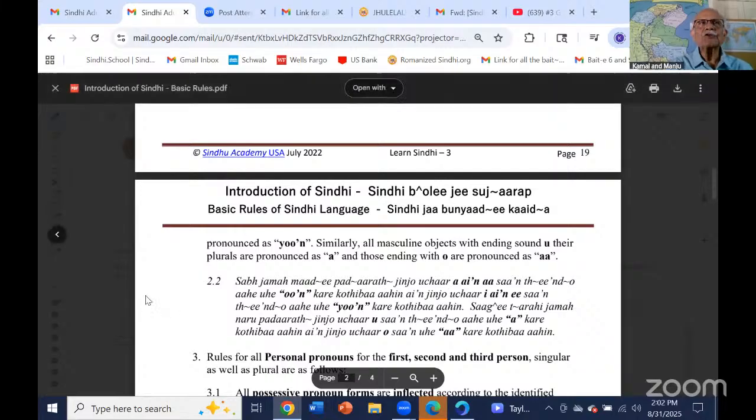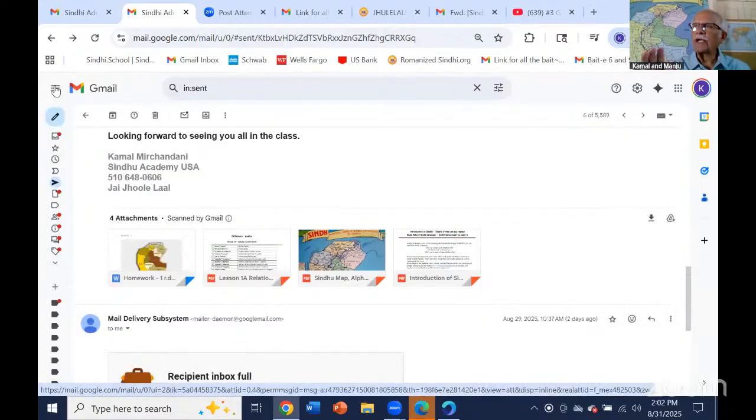Now, these two rules that you have learned today will help you in constructing the sentence correctly, knowing the gender, how the adjective will be pronounced, how the verb will be pronounced. Because inflection of adjective and verb is also gender based.